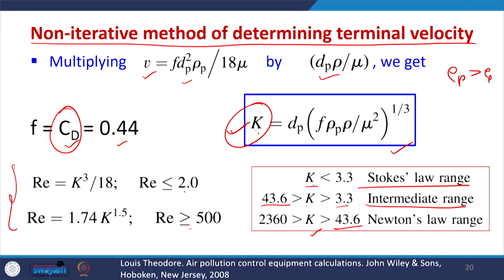Then we can directly go for the respective equation, and from there we can solve to find out the value of the terminal velocity. So, this is the non-iterative method of finding out the terminal velocity as compared to the previous equation.